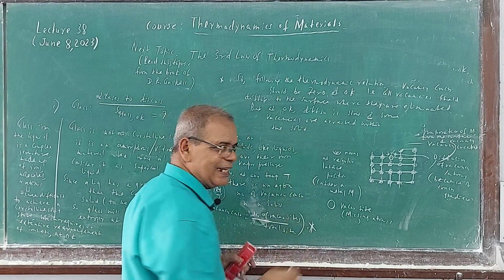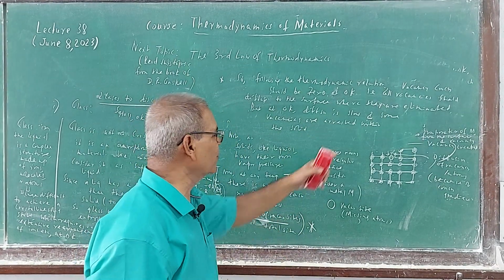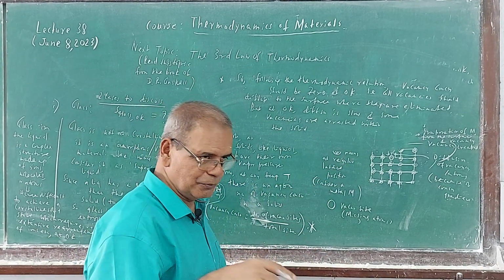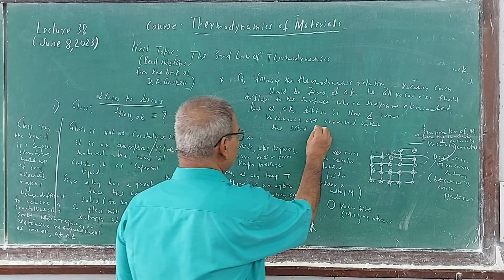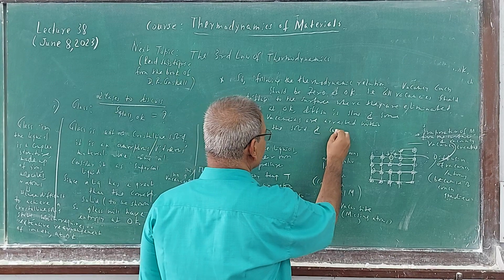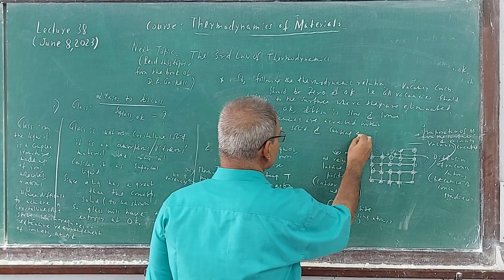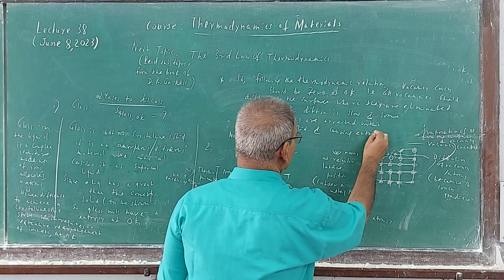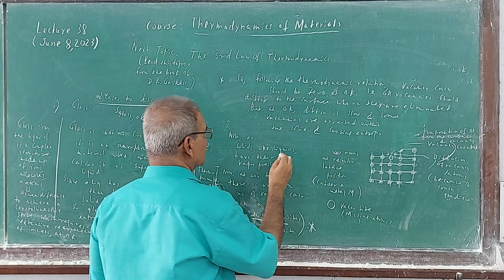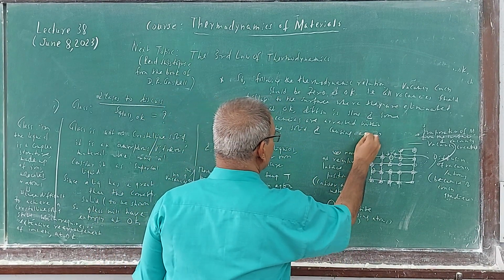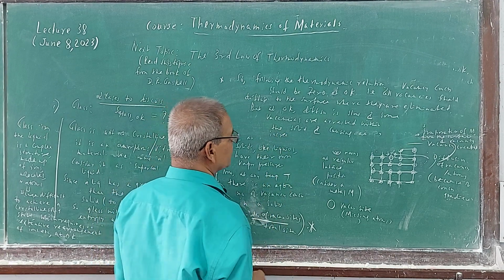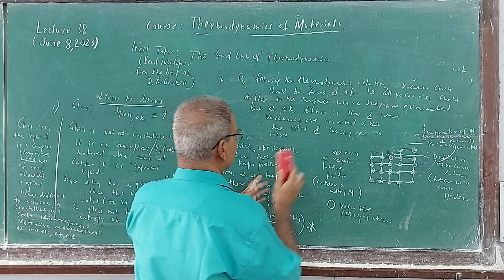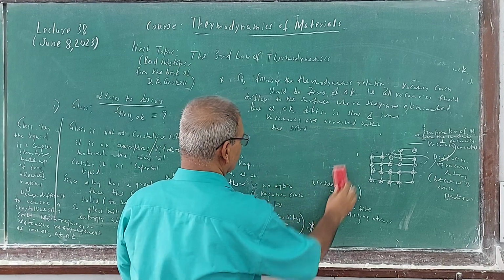And these vacancies and this arrangement, vacancy where, here, these possibilities is entropy. This I will say configuration entropy, causing an increase in entropy.